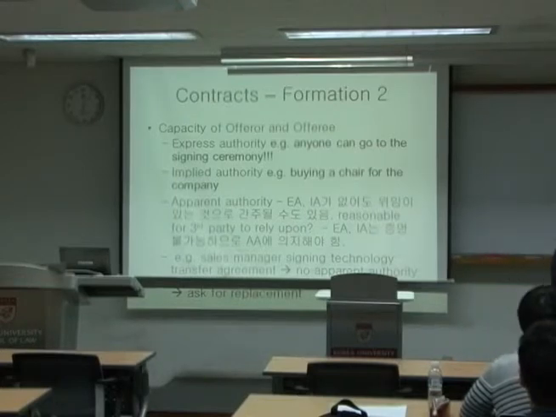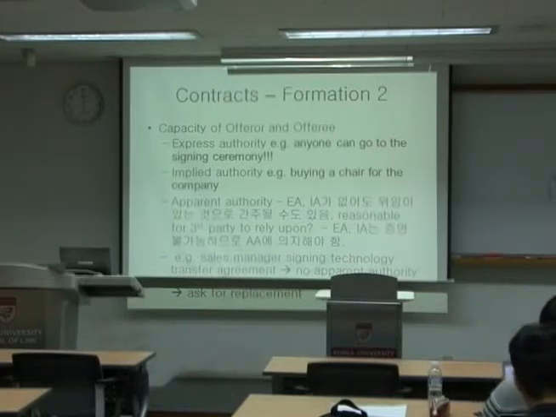Now, let's go back to that $1 billion contract. When the other side sends a secretary over to sign the contract, you want to make sure that you get somebody like John Kim. You get somebody with apparent authority. Right?